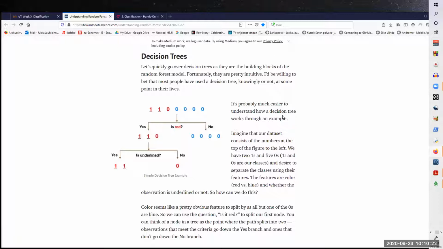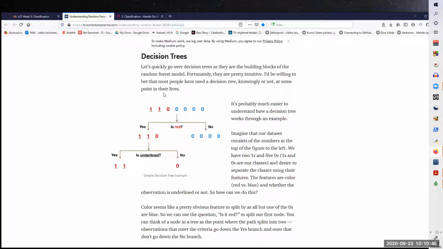So decision trees, it's like an if statement. For example, here you have ones and zeros which have some features like color. They can be either blue or red, and they may have underline underneath. And in the decision tree, the first question can be, is it red? Yes or no?